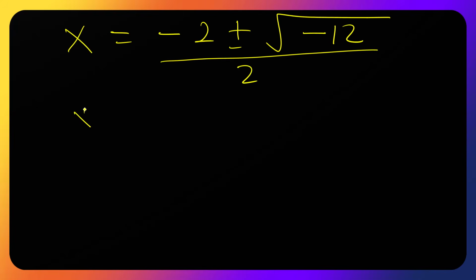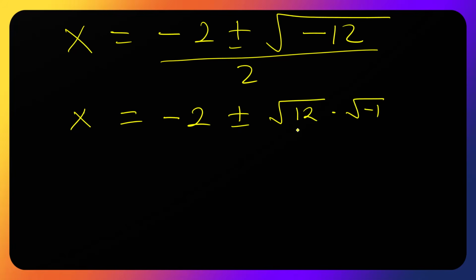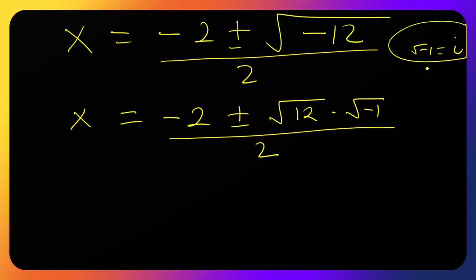So we can manipulate this. Minus 2 plus or minus, this is the same as square root of 12 times square root of minus 1, on 2. Remember, the square root of minus 1 from complex numbers is i. So in place of this, I'll put i there.